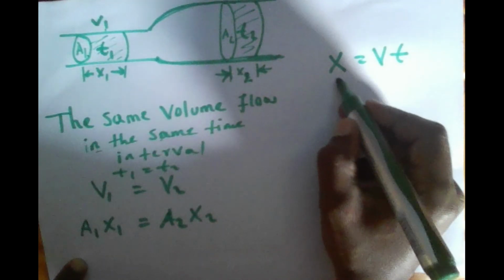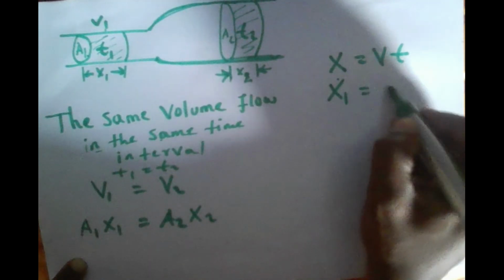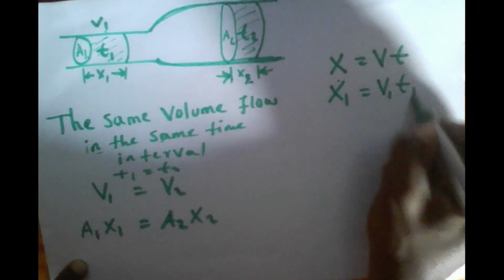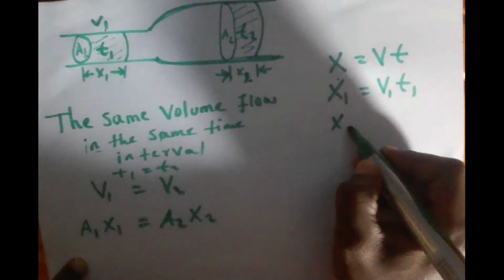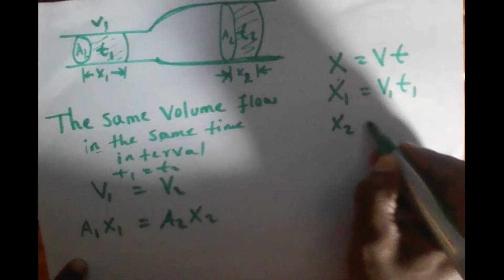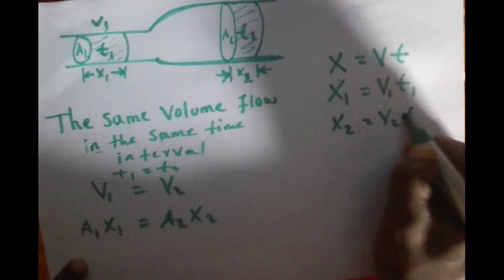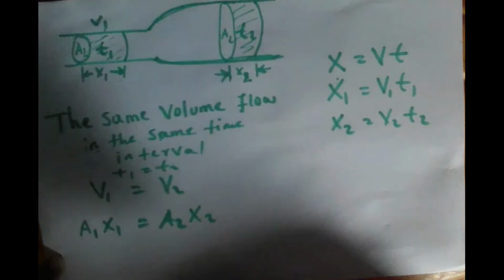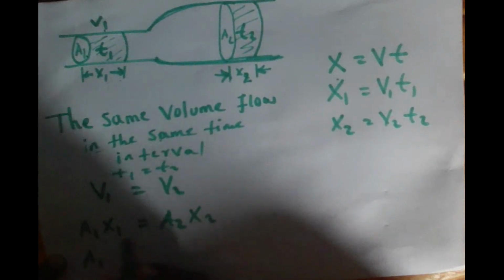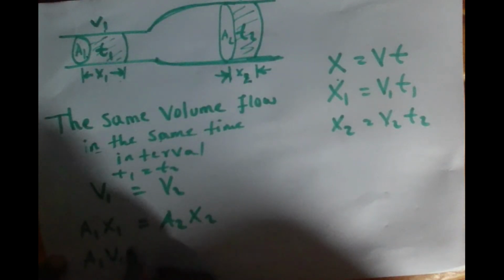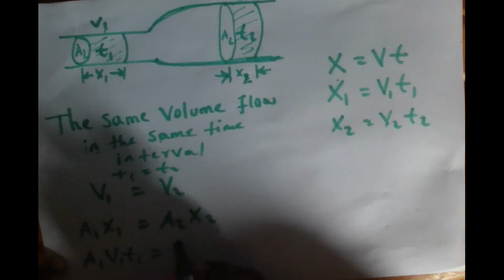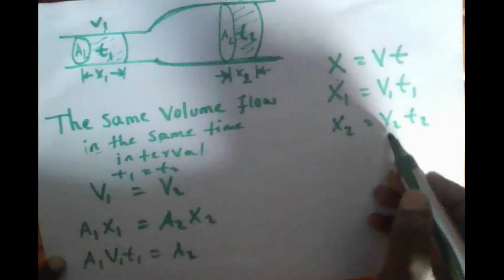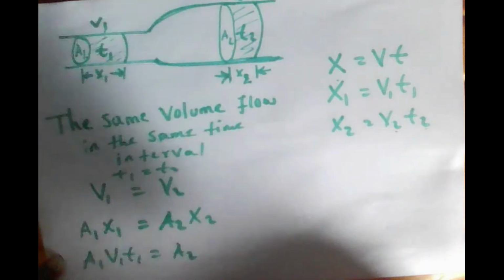So for x1 we have v1 and t1. For x2, distance 2 is equal to v2 t2. Therefore, now let's substitute x1 and x2. Area 1, x1 means v1 t1. Area 2, x2 means v2 t2.